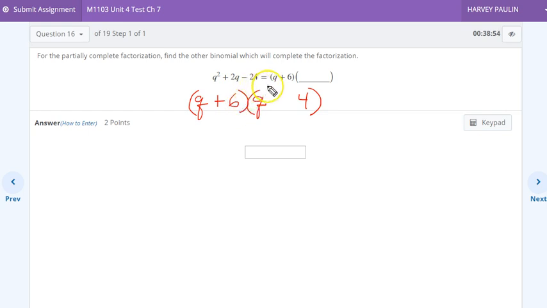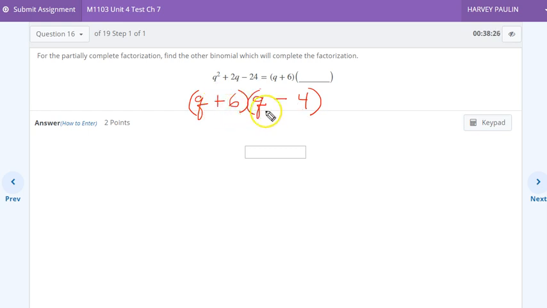Now, since your middle term is positive, what would be the sign of 4 here? Well, when you do your inners, you get a positive 6q, and you need a positive 2q, and this needs to be negative, so this would be a negative.